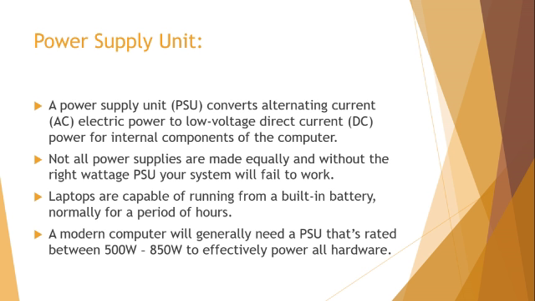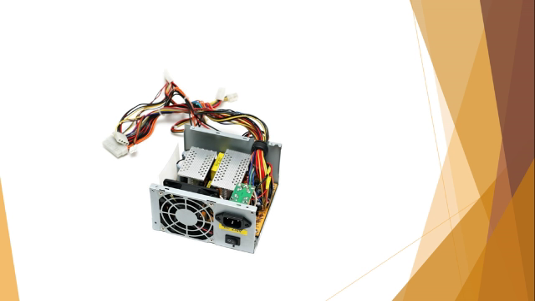So the power supply unit performs this function and converts AC into DC for all the internal components of the computer. All computer systems are not equal, so it is necessary to keep in view the normal voltage of the power supply unit that you are attaching to your computer, or otherwise it will fail to work properly. This is the picture of a power supply unit.